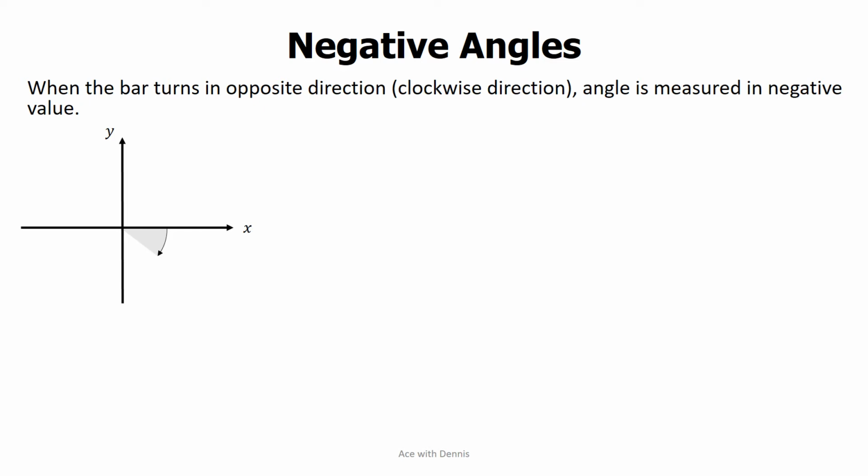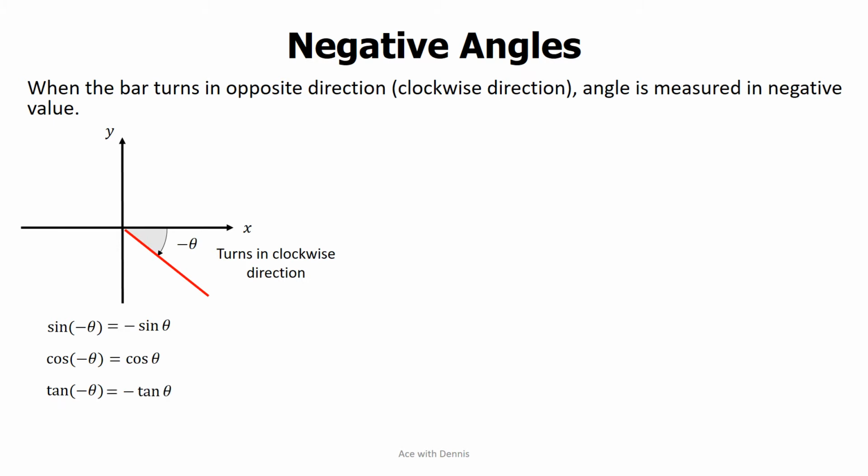If the bar is turned in this direction, it will be negative theta, turned in the clockwise direction. Now we see that it is in the fourth quadrant. That means sine negative theta equals negative sine theta, cosine negative theta equals cosine theta, and tangent negative theta equals negative tangent theta.